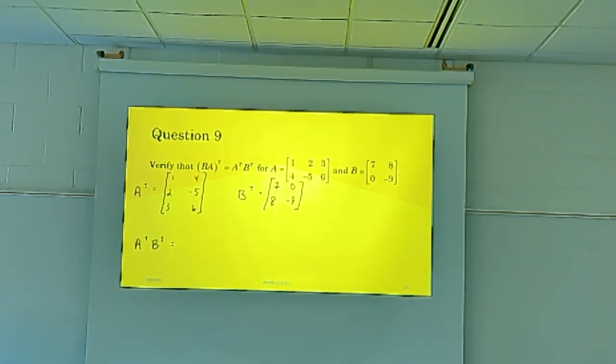So first row, first column. 7 plus 32. 39. 14 minus 40. 21 plus 48.